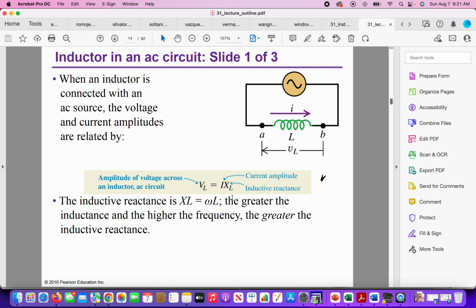The inductive reactance is measured as XL equals omega, the angular frequency, times L in henries. The greater the inductance and the higher the frequency, the greater the inductive reactance. It has to do with L, but it also depends on the frequency, where omega is 2 pi times the frequency.